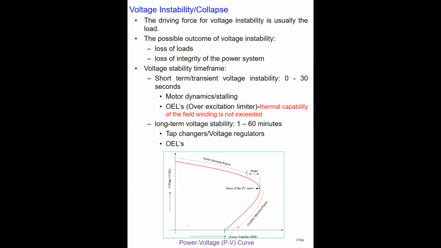It means that voltage becomes zero, but the load remains connected. That means there will be a current flow to the load, right? There will be a current flow to the load, and voltage becomes zero. It is like a short circuit here.